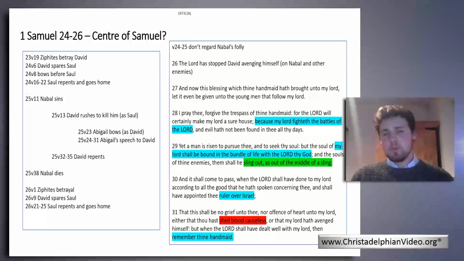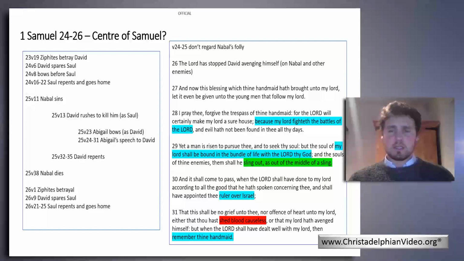And Abigail intervenes, and then she petitions David, and in her petition, we have some of the principles that run throughout the book of Samuel that are picked up in the end of the books of Samuel in David's prayer, and right at the beginning in Hannah's prayer too, where she recognizes a few things which demonstrate a real spiritual insight.